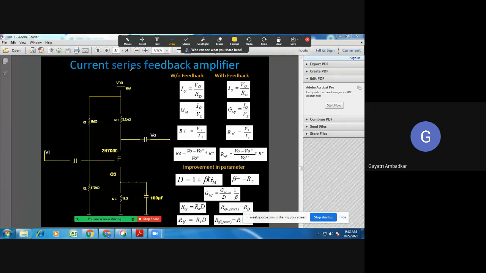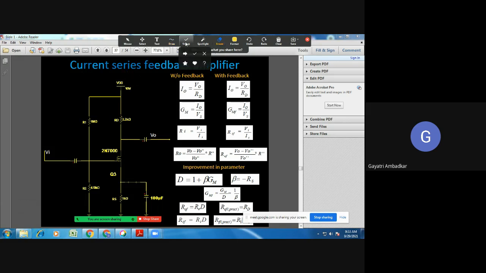Okay. So you know current series, the output is current and input is voltage. So it means it's the ratio of I to V, that is, it's a transconductance amplifier.